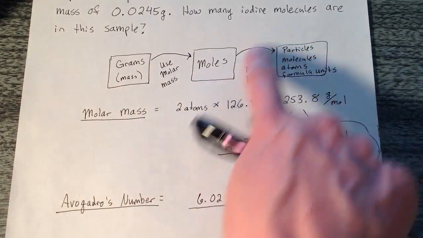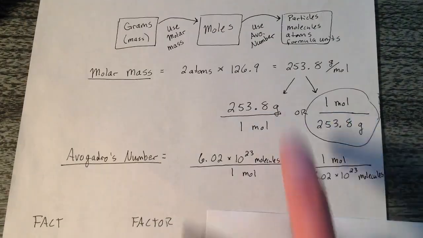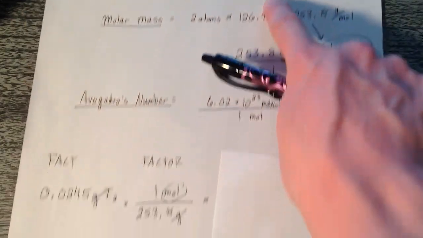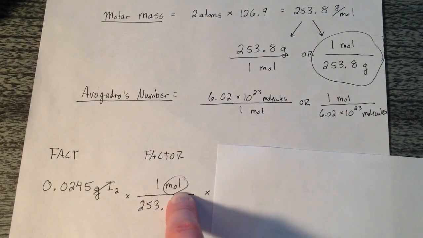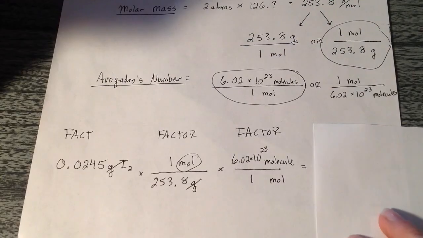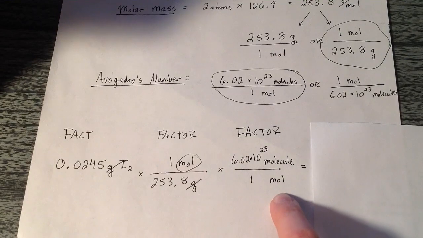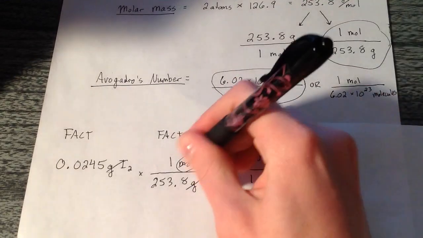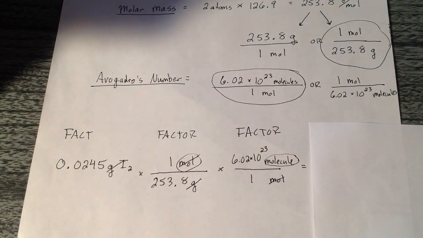Great. I'm not to where I wanted to end up, though. I wanted to go to molecules, so I do still need another conversion factor, which is my Avogadro's number. So right now I'm in moles. I need to cancel moles, so the unit moles has to be on the bottom. So I would end up using this one. So now these moles on top cancel with these moles on bottom. I have my unit of molecules left on top that has not canceled out yet.